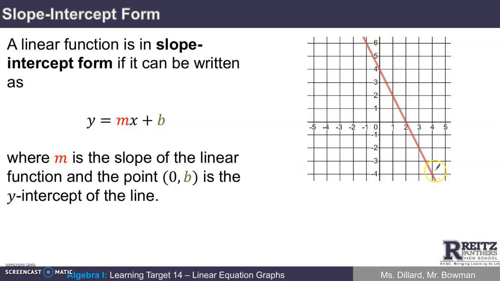So here's an example of a line, and if we were asked to write the equation of the line in slope-intercept form, we could try to pick out, based on the graph, what values m and b must have. I look at the graph and I see that it crosses the y-axis at 4, and that tells me that b should be a positive 4.